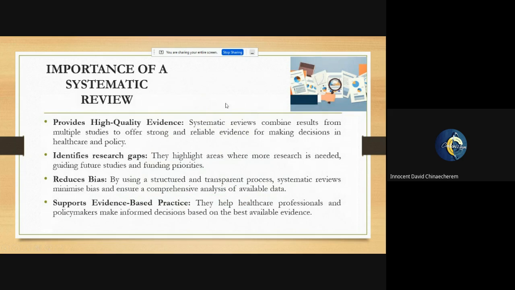So yeah, we move forward to answering what are the importance of a systematic review. So it's very simple. We talked about providing high quality evidence. So we already agree that a systematic review is going to provide that relevant, robust evidence that we need, right? So a very quality evidence, like determining which particular drug, class of drug, is going to come first in managing a certain disorder among patients, is as a result of systematic review results that we are going to use.